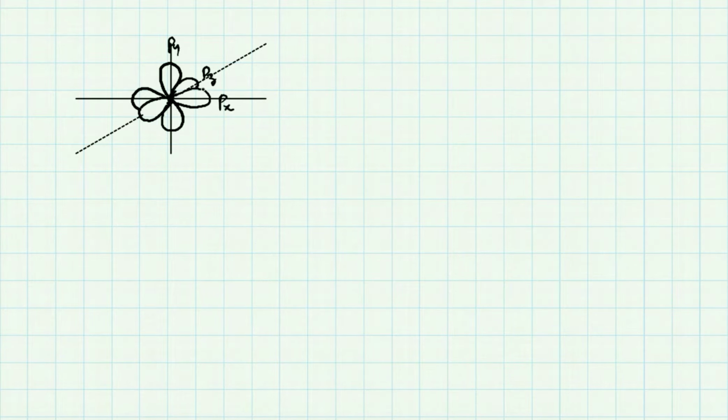So this is p. Now we can see that in case of a p orbital, these are dumbbell shaped, and these two lobes actually show two different phases of the same wave, that is the positive phase and the negative phase. As we know, each wave has two parts, one crest and one trough.